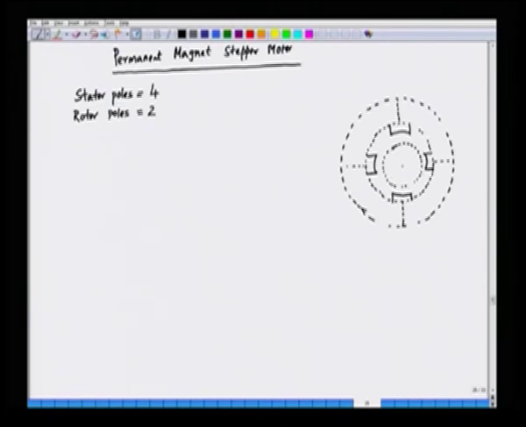Rotor has got permanent magnet. So, we have the rotor in this case, and we have a permanent magnet structure having pole shoes. This is the north pole and we have south pole here, and the stator structure has got 4 different poles. And this is the stator periphery here.